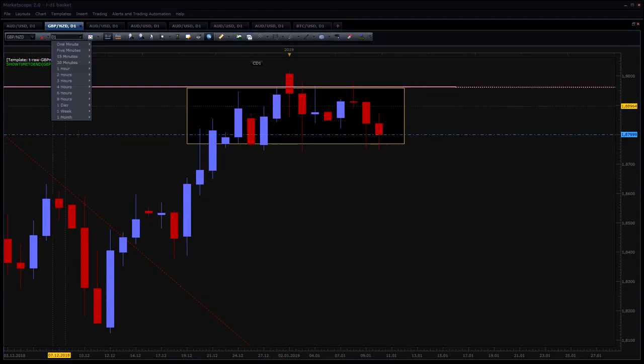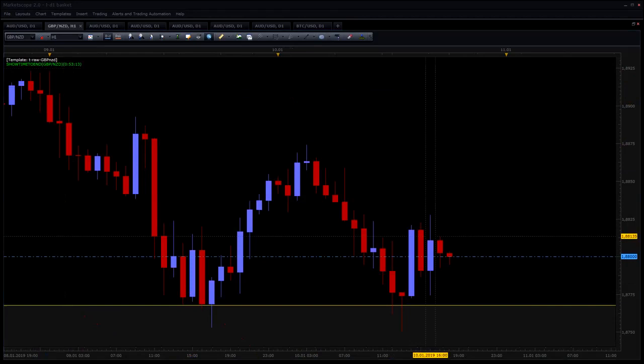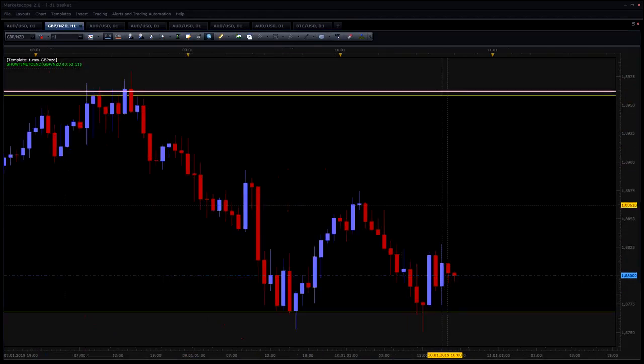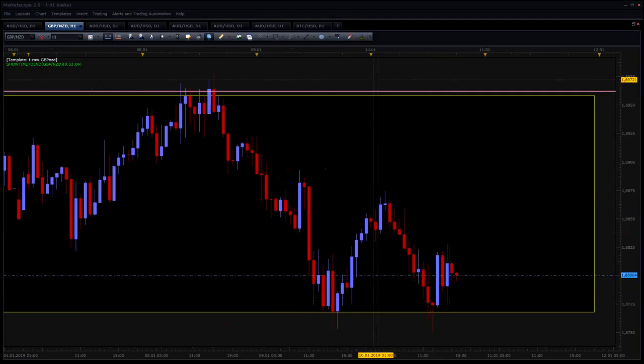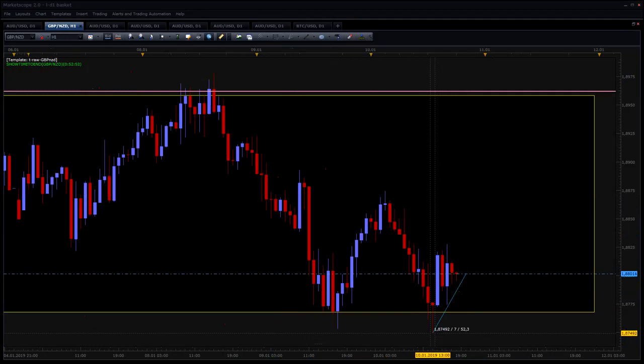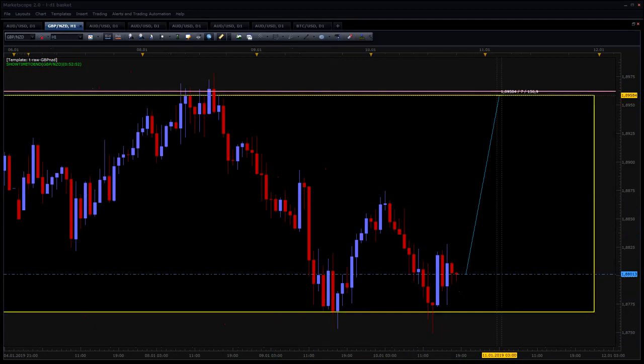Now this is daily. It's either a waiting time, since it bounced off of the support level twice now, or a trading time. So if you were trading from support level to resistance, you're risking 50 pips for 150 pips. That's a good deal, if you're willing to lose 50 pips.